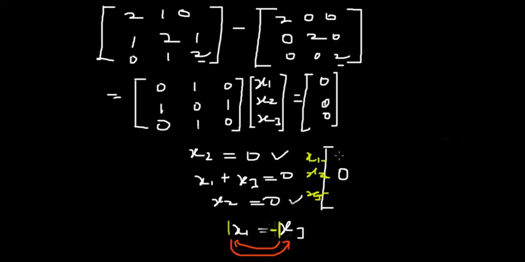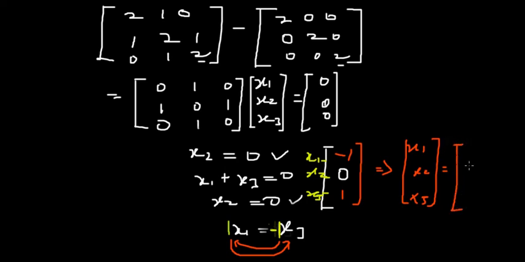So we have the final eigenvector to be -1, 0, and 1.